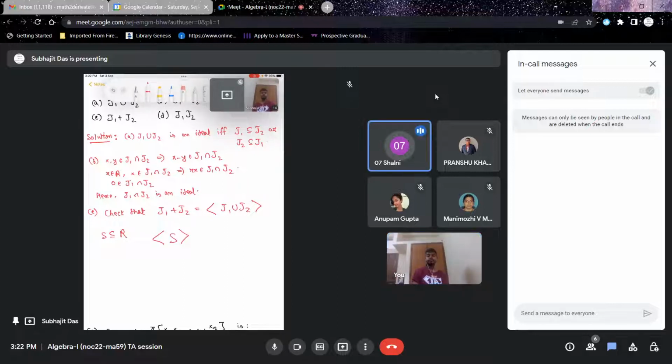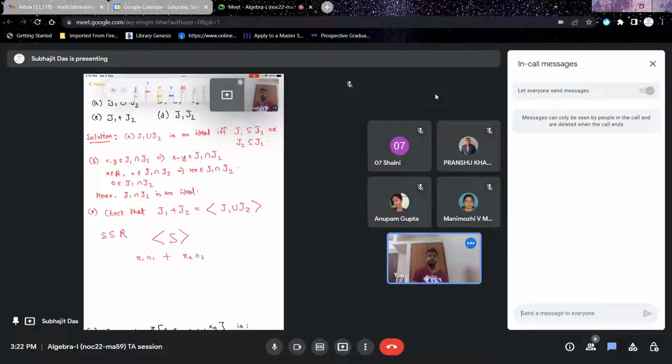It is of the form rs, where r belongs to R and s belongs to S. That's a bit wrong. This will not be an ideal, right? Because if you take r1 s1 and r2 s2, there's no guarantee that the sum is also in this.